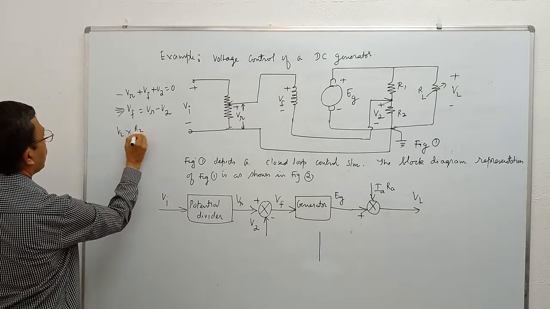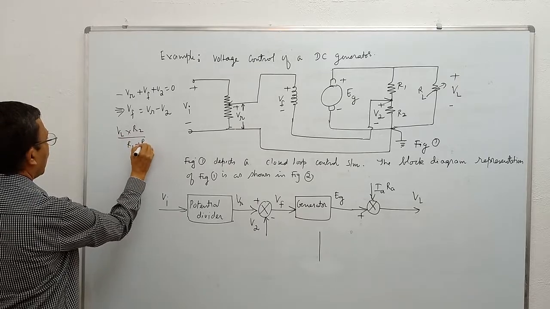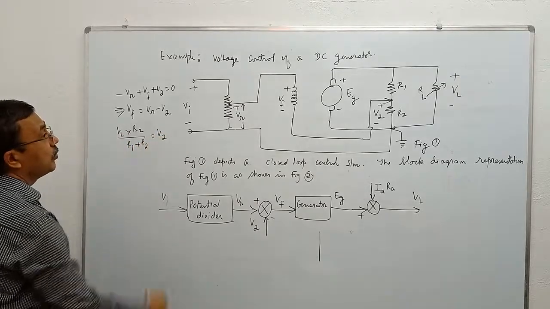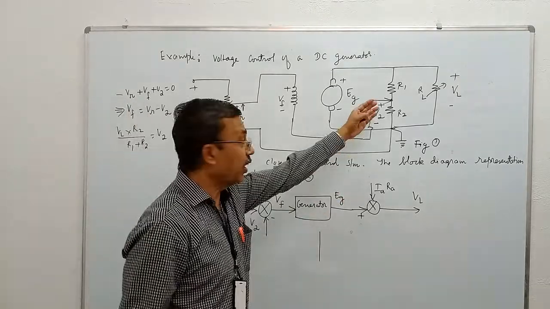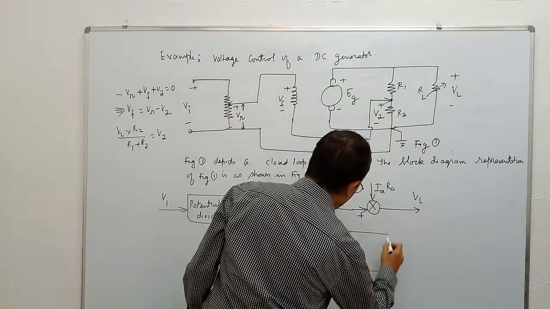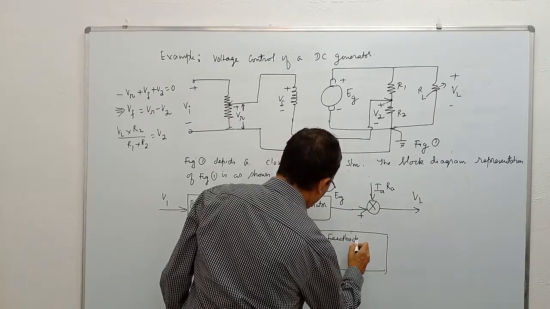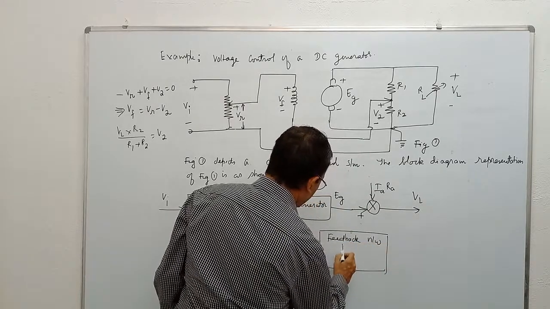VL into R2 divided by R1 plus R2 is equal to V2. Potential divider action. So VL, this is the feedback network. What is that ratio?